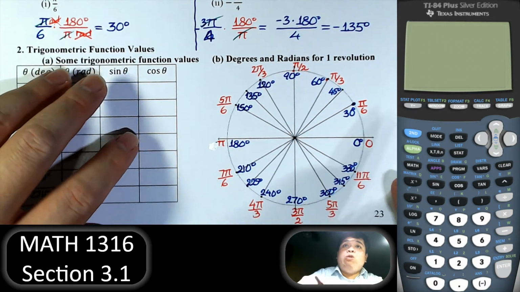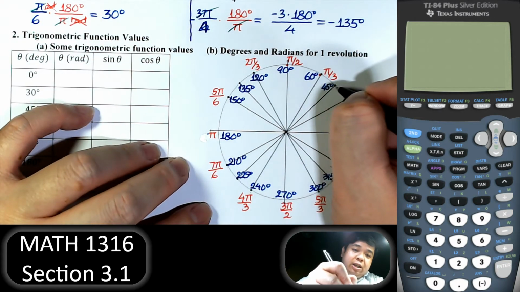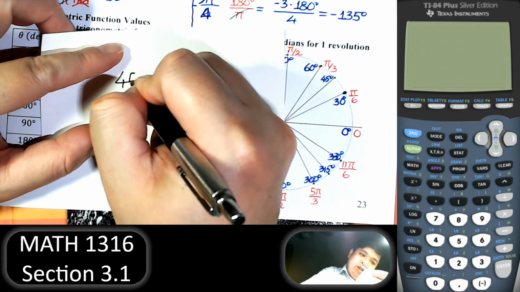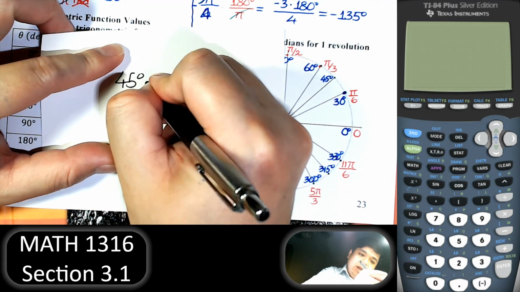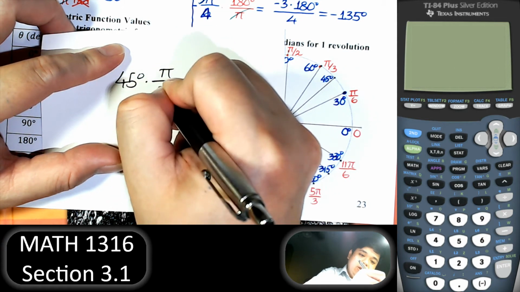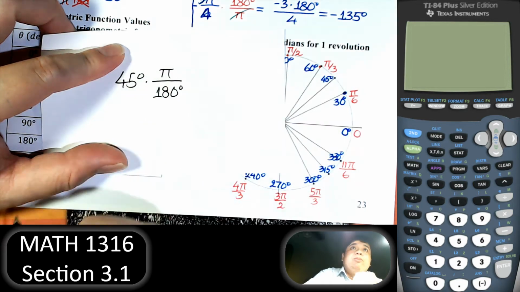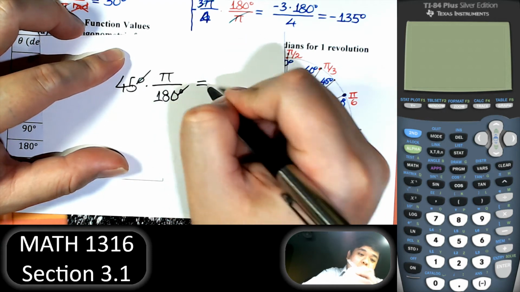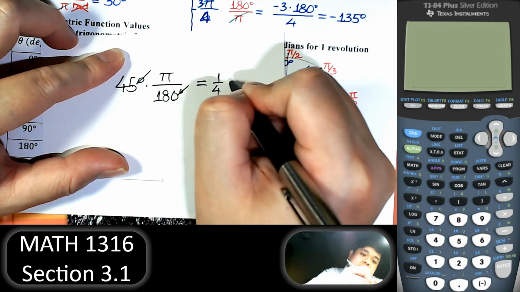Next. Now we do multiples of 45. What is 45 degrees? We don't want degree anymore, so put pi on the top, 180 degree at the bottom. In that case, degree cancel out. 45 divided by 180, so that is 1 over 4 pi.